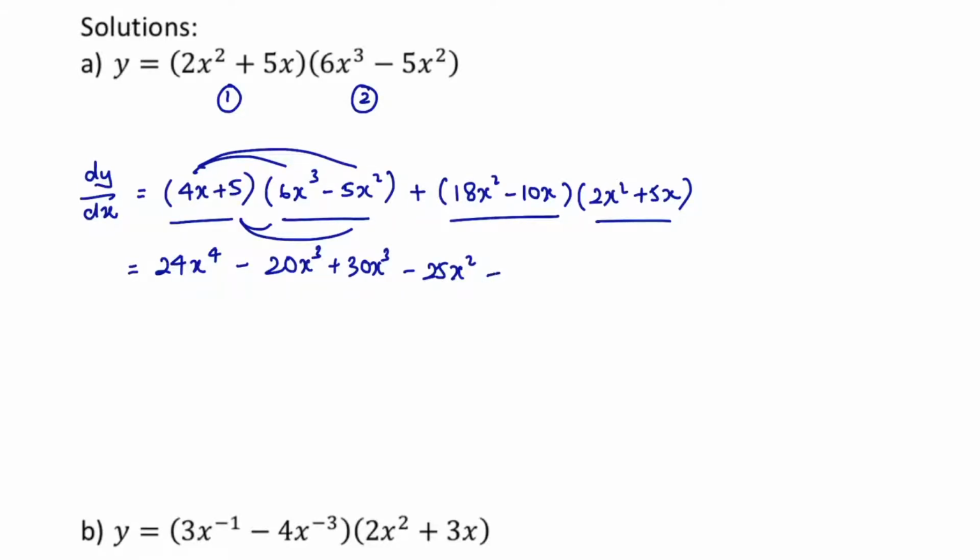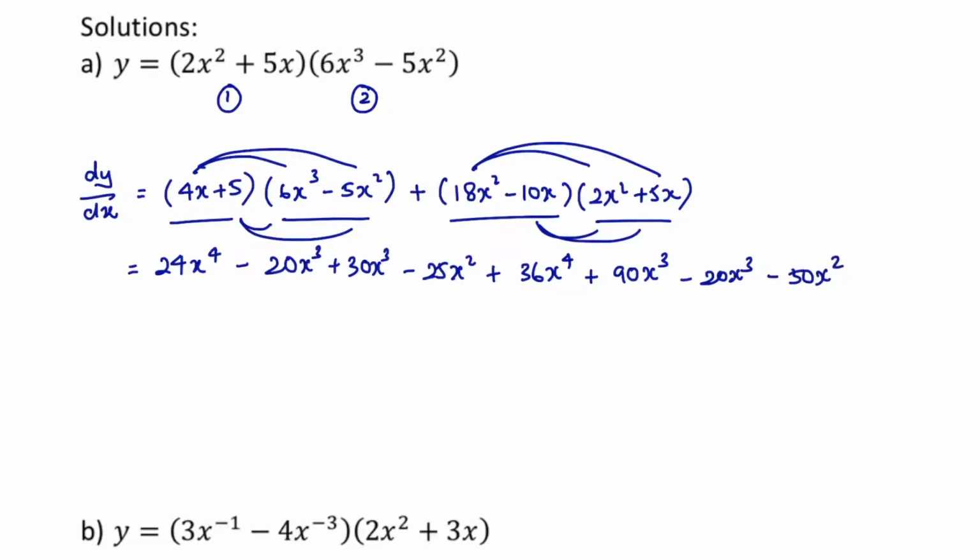Okay, so for the second bracket here, we have 36x power 4 plus 70x cubed... and so 80x cubed minus 20x cubed, and the last one is negative 50x squared. Alright, so let's just simplify this and we will have the answer.